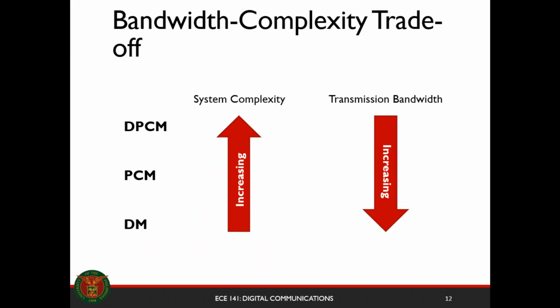To summarize all that, there's a trade-off between system complexity and transmission bandwidth. If you want decreased transmission bandwidth, you need to increase your complexity. And these are the improvements of your pulse code modulation.